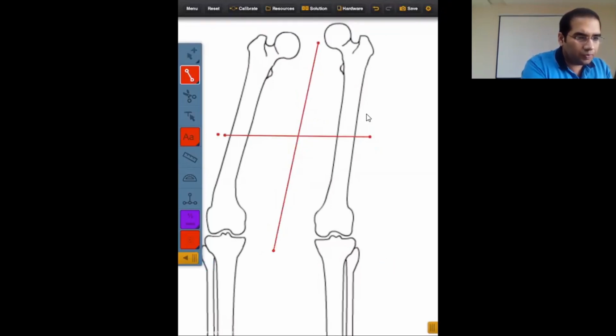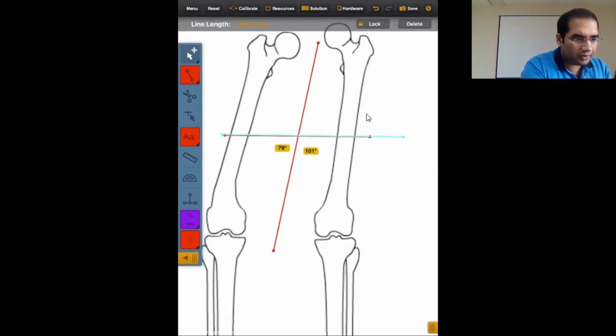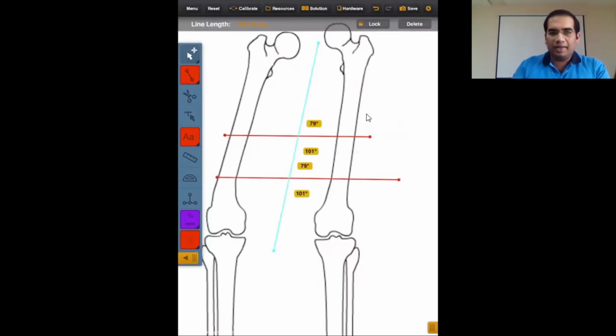When there are 2 parallel lines, please pay attention to it. This is very important. Whenever there are parallel lines and I cut these 2 lines by another straight line, then the similar angles will be equal.